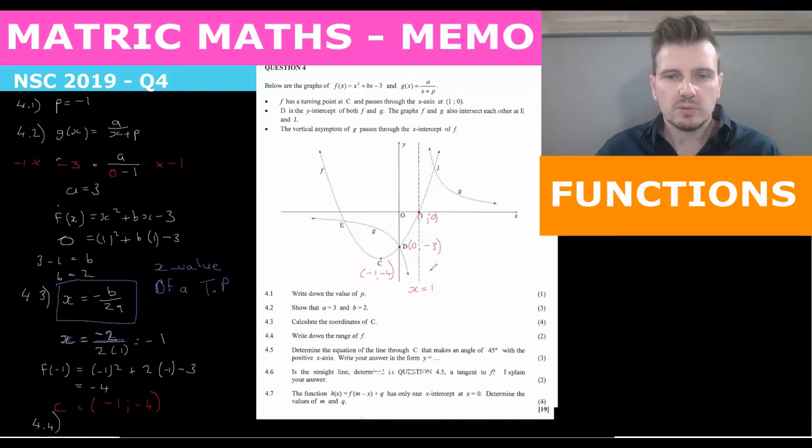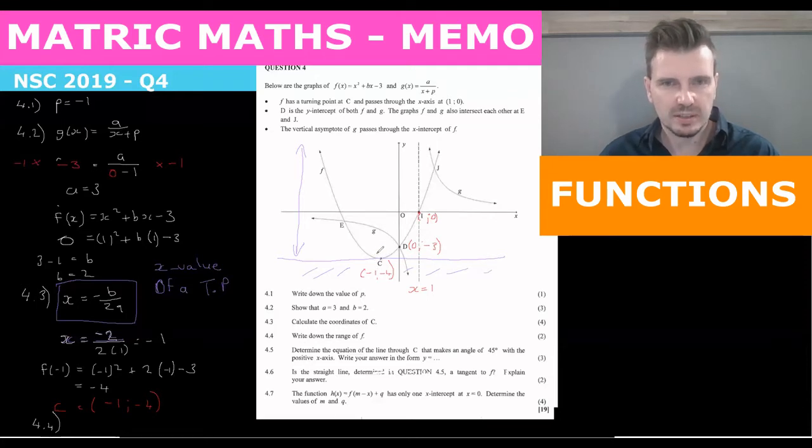Well, the range is all the possible y values, so it can be anything along here, right? But when we go below this point here, it no longer exists. So y must be greater than the minimum. And we know the minimum from the turning point was -4.